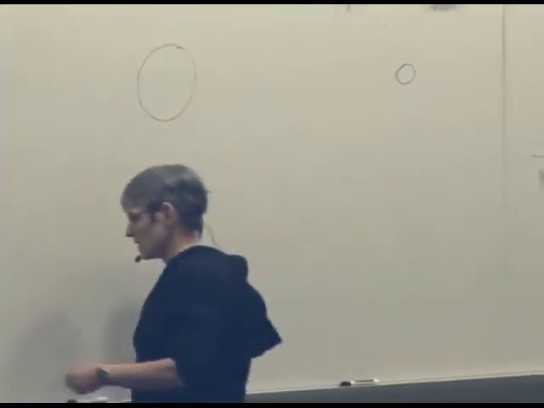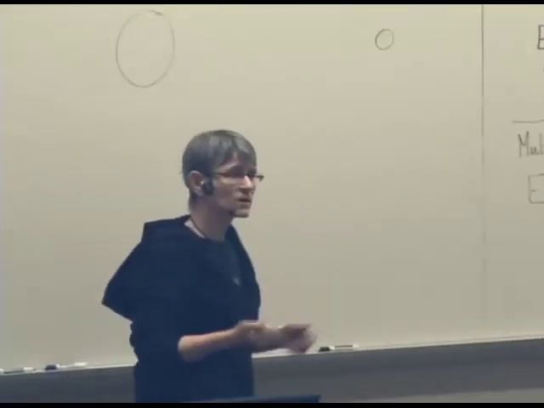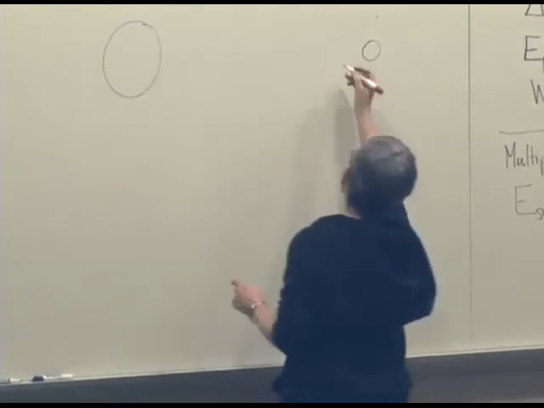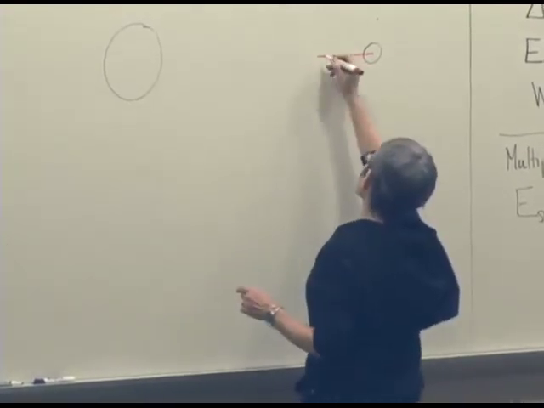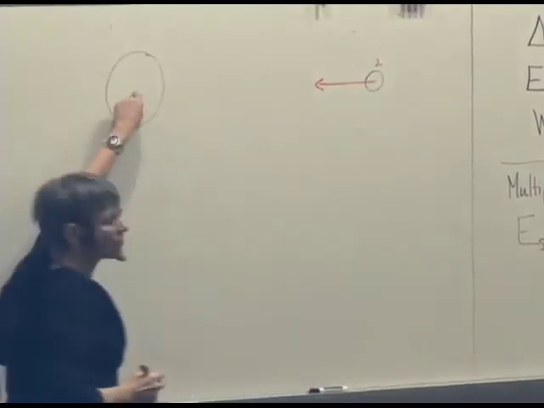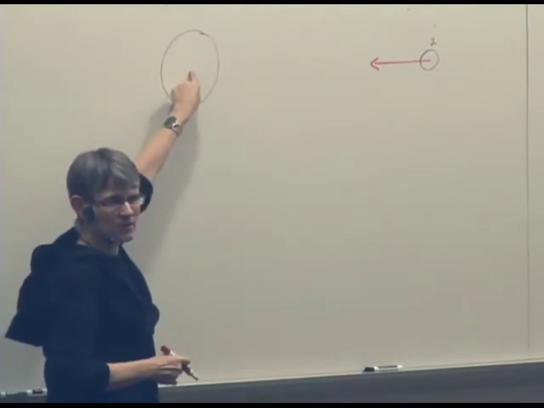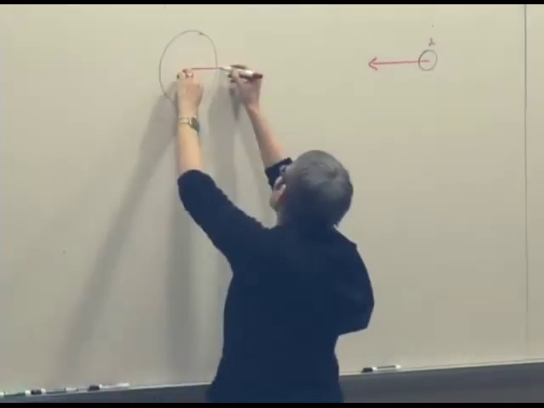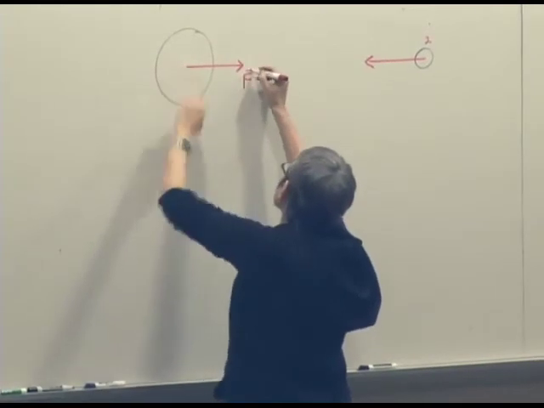And they're exerting gravitational forces on each other. So if this is the force exerted on star 2 by star 1, how big do I draw the force exerted on this bigger star? Same. Okay, good. Can't fool you. Good job.